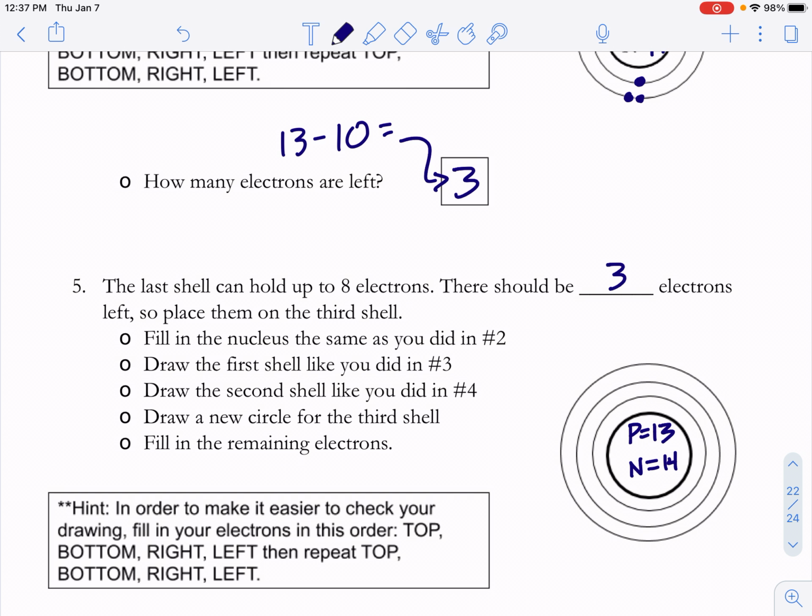Okay, so remember how the order goes: 2, 8, 8. And then we can fit 8 into the final third shell, but we're not going to need that many. Oops, I like starting top to bottom.